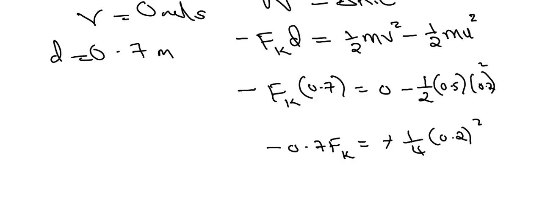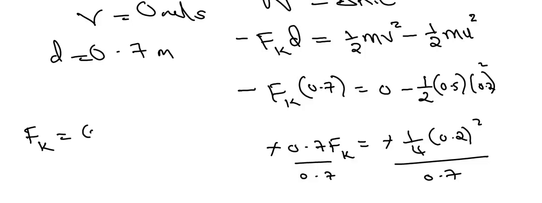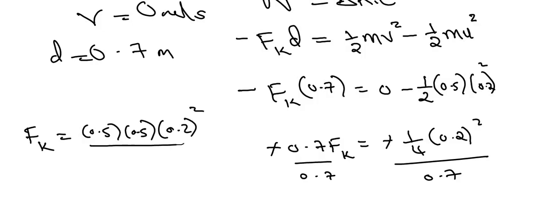The negatives can go away. Then I can divide both sides by 0.7. In short, the frictional force is equal to 0.5 times 0.5 times 0.2 squared divided by 0.7.